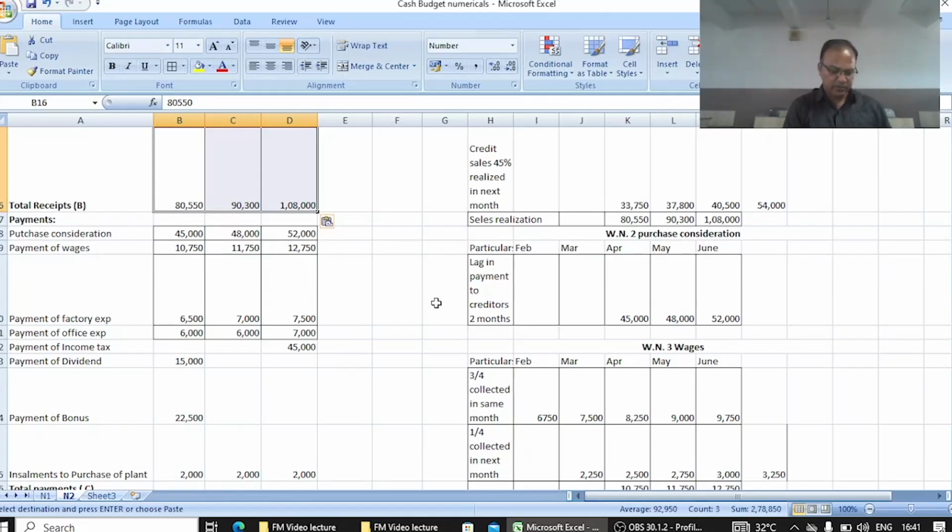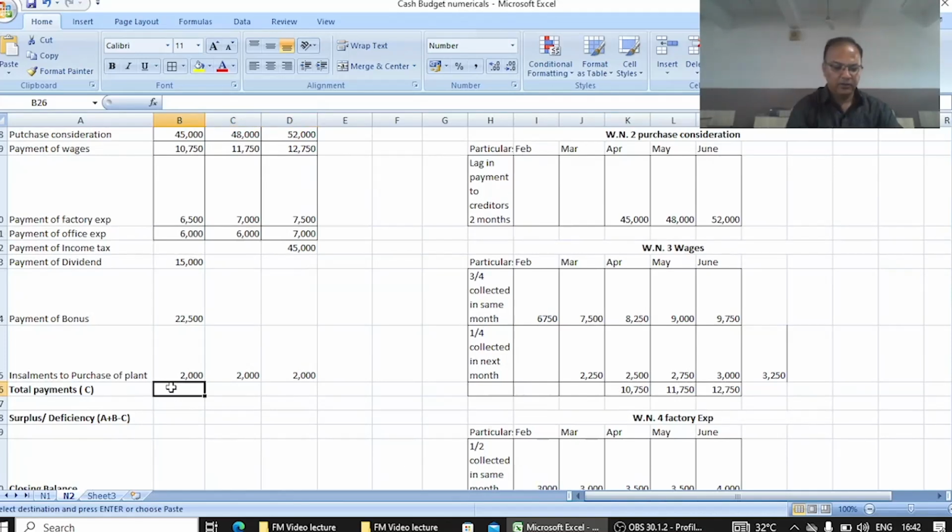Let's take the help of calculator. 45,000 plus 10,750 plus 6,500 plus 6,000 plus 15,000 plus 22,500 plus 2,000 is equal to 107,750. Total payment 107,750.